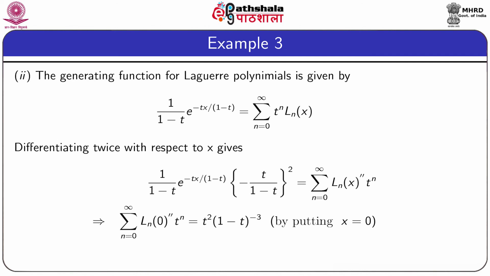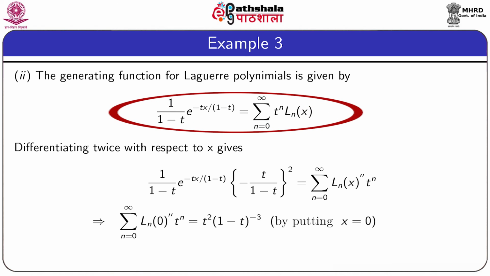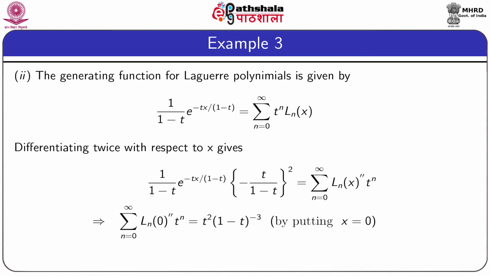we take the generating function of the Laguerre's polynomial, which is given by 1 by 1 minus t e to the power minus tx divided by 1 minus t, which is equal to summation n equal to 0 to infinity t to the power n Ln x.